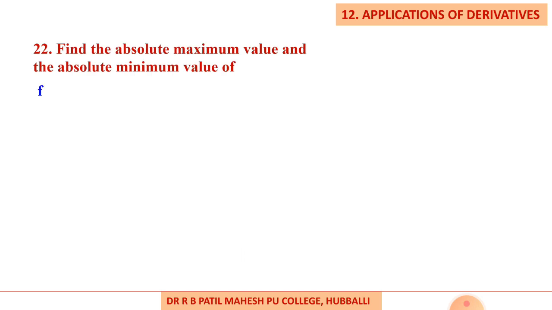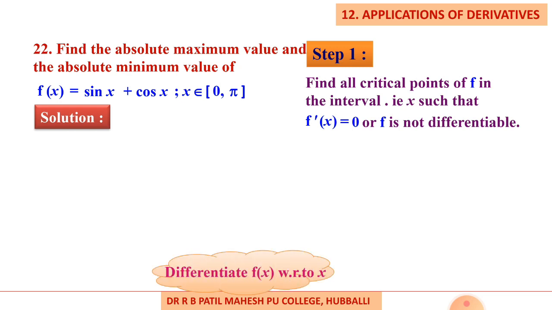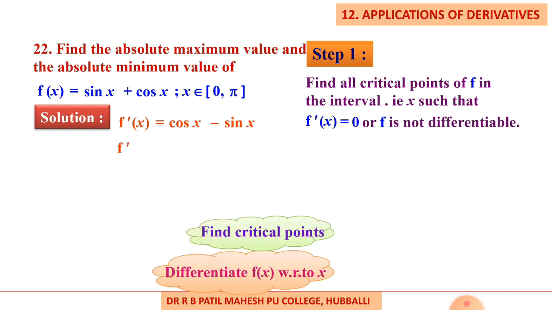Now next, example number 22. Find the absolute maximum value and the absolute minimum value of f of x equal to sin x plus cos x, where x belongs to [0, pi]. Find out the critical points first. First, differentiate the given function with respect to x, that is f dash of x equal to cos x minus sin x.